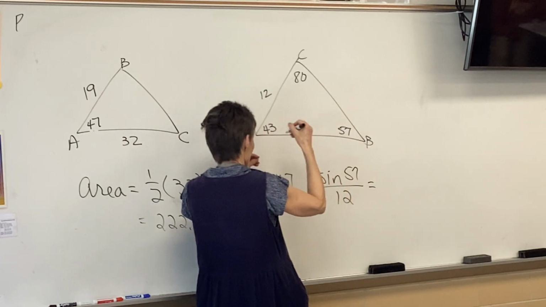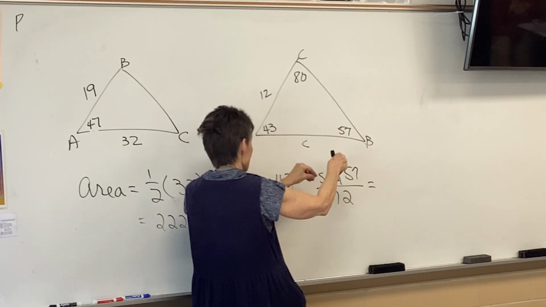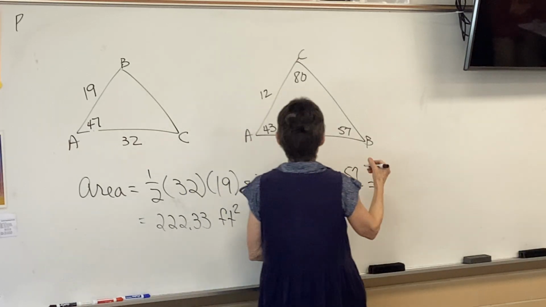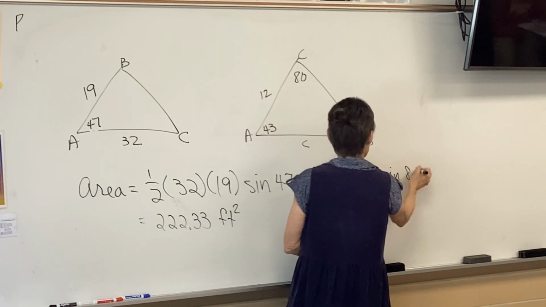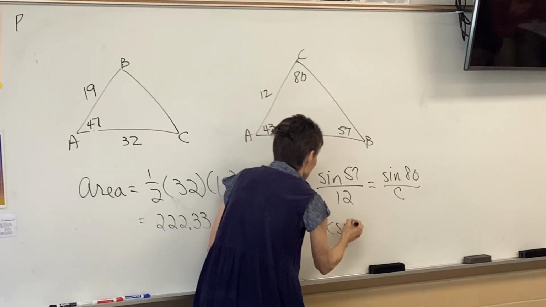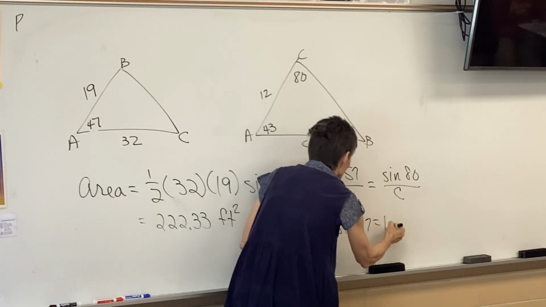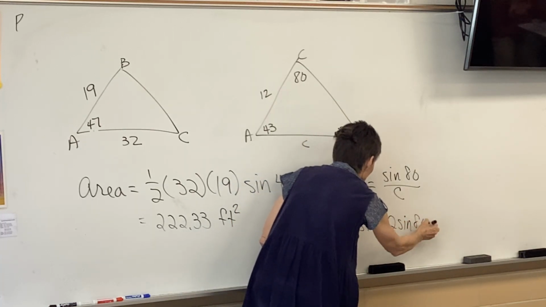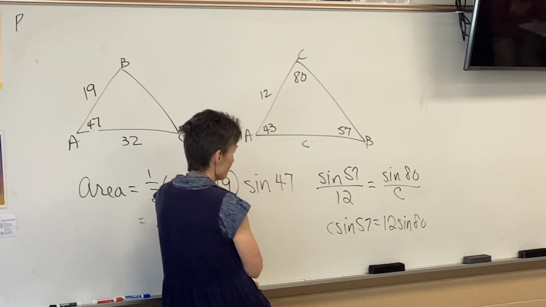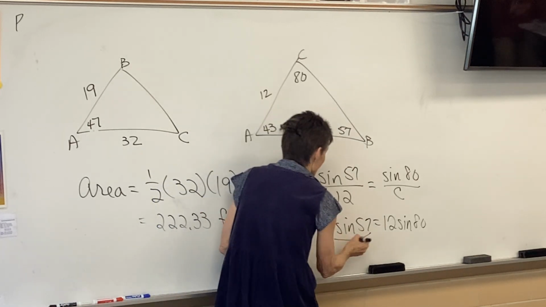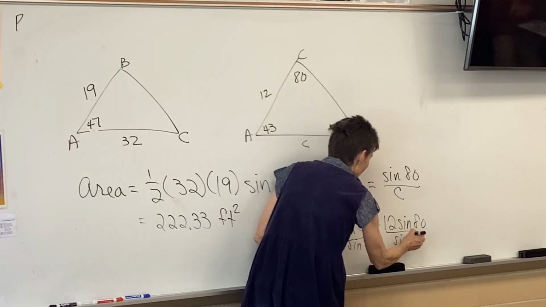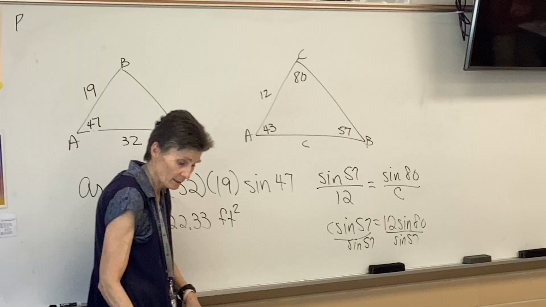I'm not doing area, I'm finding a missing piece in order to do area. So sine 57 over 12 equals sine 80 over C. We're getting good at cross multiplying, we do it over and over again. Am I going to need the inverse sine this time? Nope. I'm going to type it in.